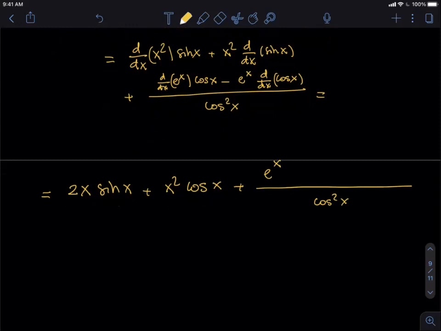That is a very special property of the number e. It's the only number for which this is true, that the derivative of the exponential is the exponential itself. If I take 2 to the x, then it's no longer true that the derivative is 2 to the x. We will see that later on. So e^x cosine of x minus e^x, and then the derivative of the cosine, which is the negative sine, okay?